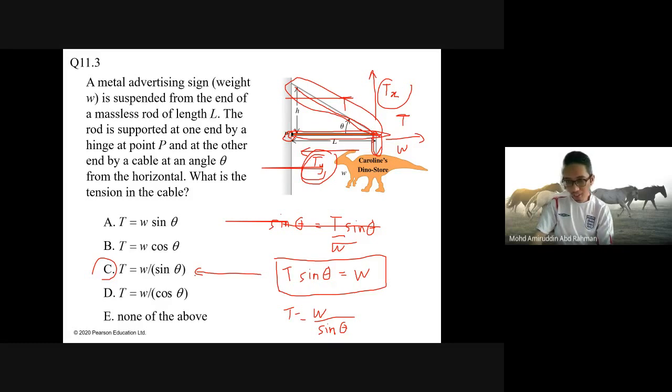Okay, so it's C. Yeah, you also got it correct. Okay, let me look for another example after this.